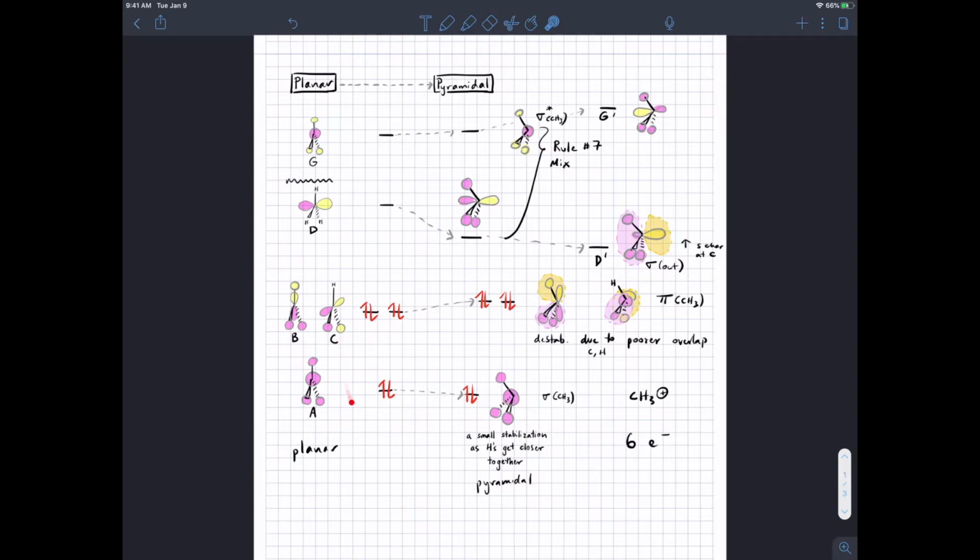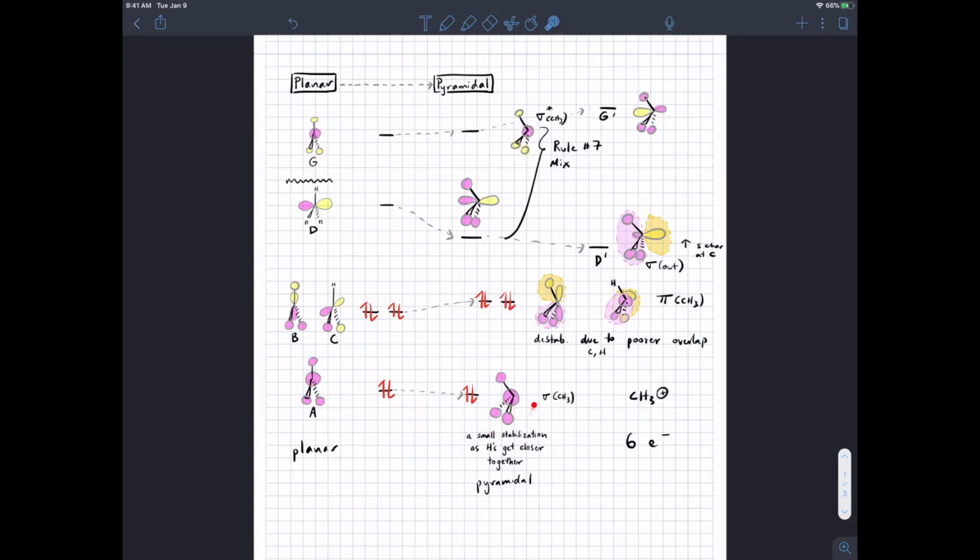We have 6 electrons, and so we're only going to populate the lowest 3 energy orbitals. When we go from planar to pyramidal, the pi CH3 orbitals get higher in energy, though the lowest energy A orbital gets a little bit lower in energy.